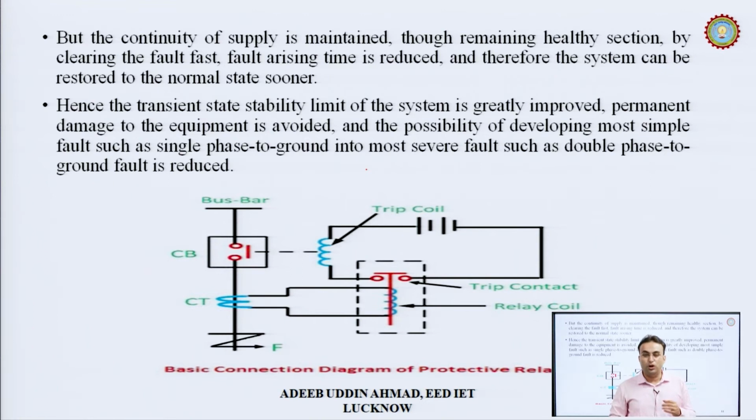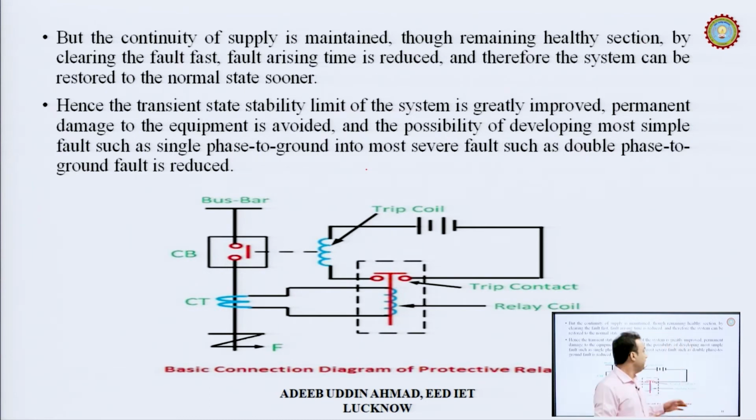Because if you are not removing the faulty section from the healthy section, this single line to ground fault may possibly convert into a line to line fault or 3 line to ground fault. So, this is very important.